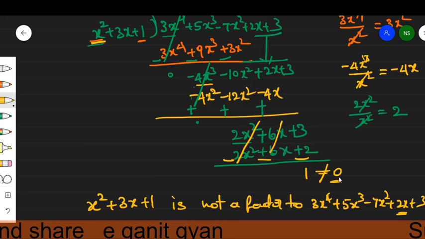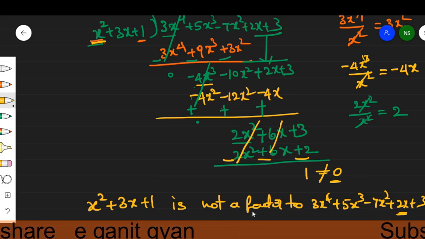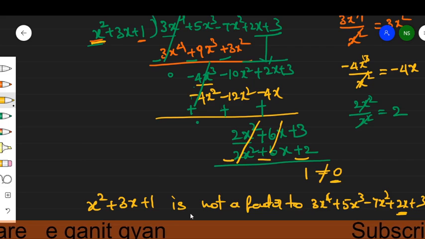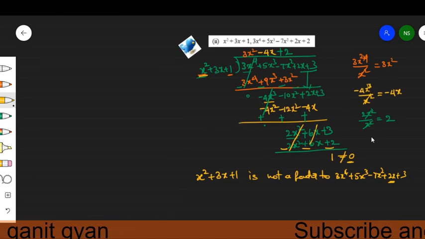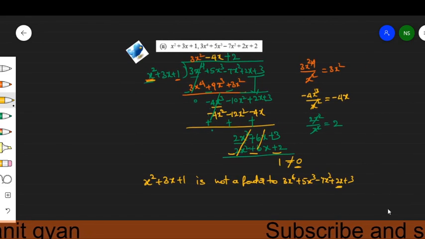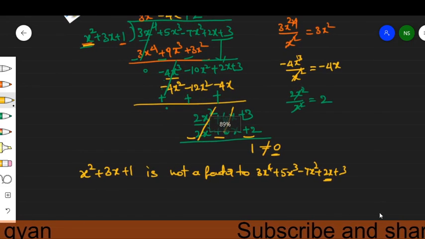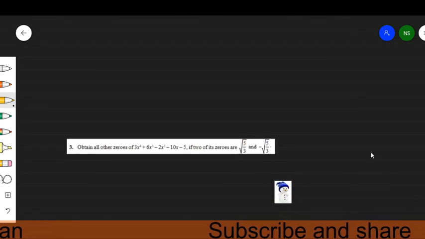If suppose we get 0 here, we will say that it is a factor. That is how we will find out the solution for a particular question, whether it is a factor or not. Okay, let us move to question number 3.